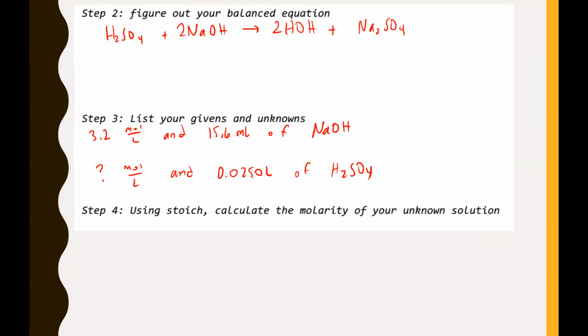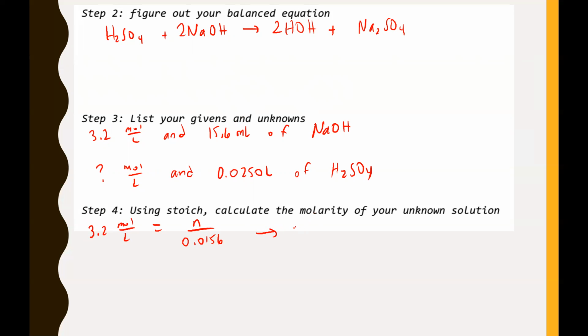So using stoich, calculate the molarity of your unknown solution. Well, since we know our concentration and we know our volume, we can just multiply those two together. So we have 3.2 moles per liter equals some number of moles over 0.0156 liters. That's going to tell us how many moles of NaOH we have.